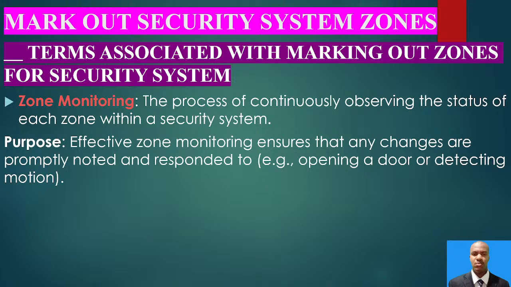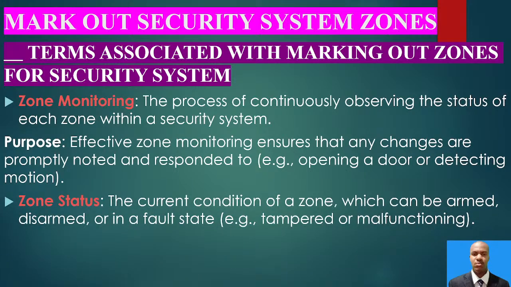For example, if someone opens a door, or if motion is detected in a specific place, you must be very eager to know what activities are taking place there, or if there is detection of motion, which element is trespassing through that specific zone.